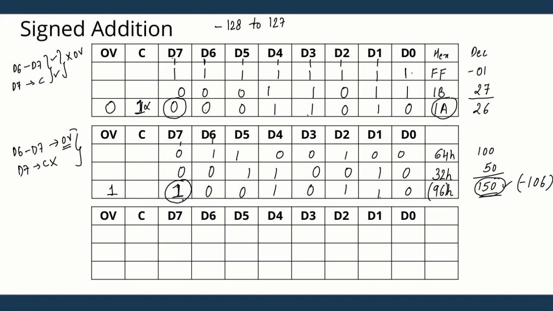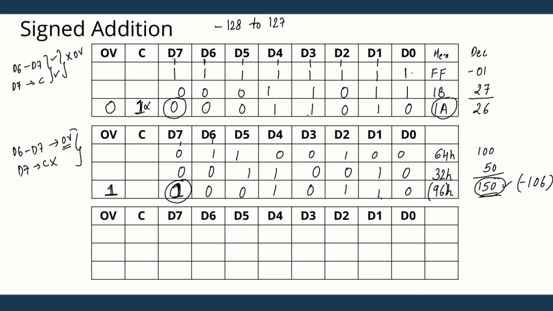So what we are getting is 96H, which is a negative number, which is wrong. Here the overflow flag can be handled like a carry. You need to complement D7, so you make D7 as 0, and finally you need to take care of the carry. We can get an indication that there is an overflow, and we can handle it in the program.